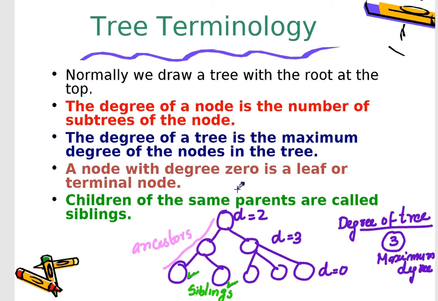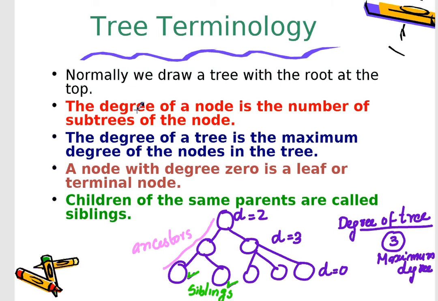And now we are going to discuss different terminologies of a tree. Of course I already told you the first node on top we call the root. Now here you can see a tree is drawn. A node there we call the root, and then so many branches are there, the intersection parts I also call nodes, and then finally we have leaves. The first terminology is the degree of a node.